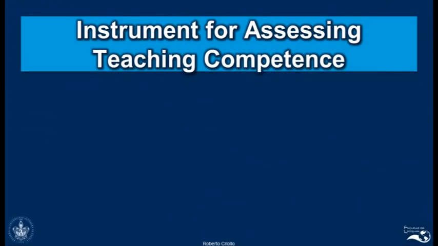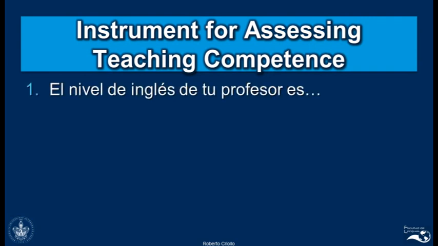Once we have established the characteristics of teaching competence, the second element of measurement is quantification. Now imagine that we're going to design an instrument for assessing teaching competence, and we have questions concerning the different characteristics, for example, one related to the student's level of English.